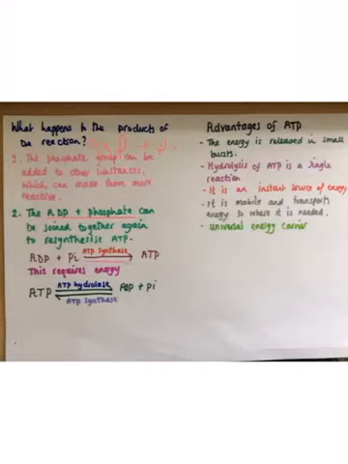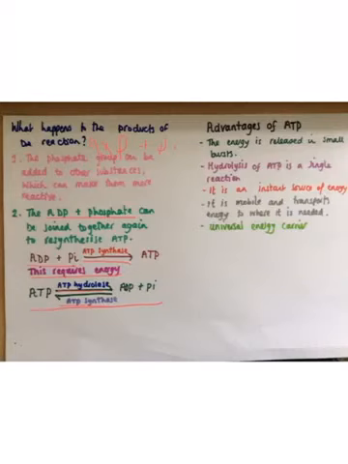Now, as you may have guessed, because we produced energy when we broke that bond, we actually need energy now to reform that bond. So when we resynthesize ATP from ADP and inorganic phosphate, we need energy for that reaction to occur. So you can see here, it is actually a reversible reaction, and ATP hydrolase acts in the forward direction and synthase acts in the reverse direction.